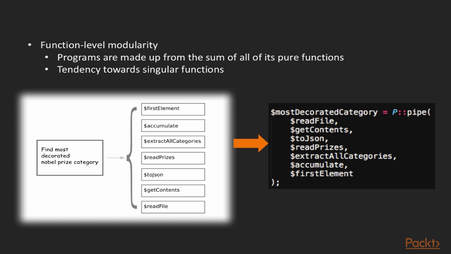And so now when we begin to extend all of these concepts into function level modularity and learn that programs are made up of the sum of their parts, then now we can translate the theory into this concrete example, where we take a function that reads the files for all the Nobel Prizes that have been awarded, and it finds the most decorated Nobel Prize category.